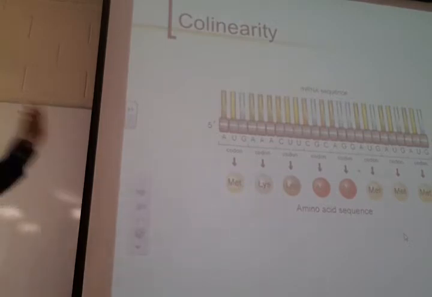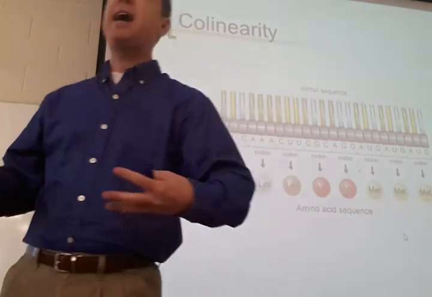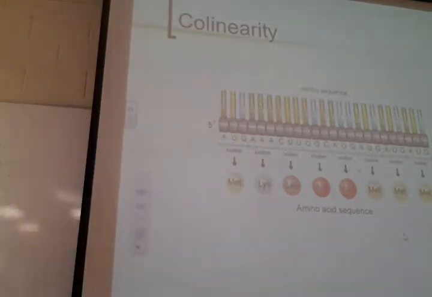Remember, both DNA and proteins have polarity, right? The 2 ends don't look the same. And there is a collinearity, a correlation between the DNA in a 5' to 3' direction and the protein that it encodes in the N-terminus to C-terminus direction. And that's what they show up here.